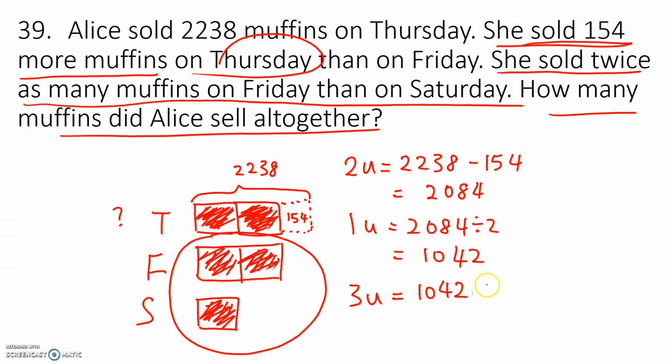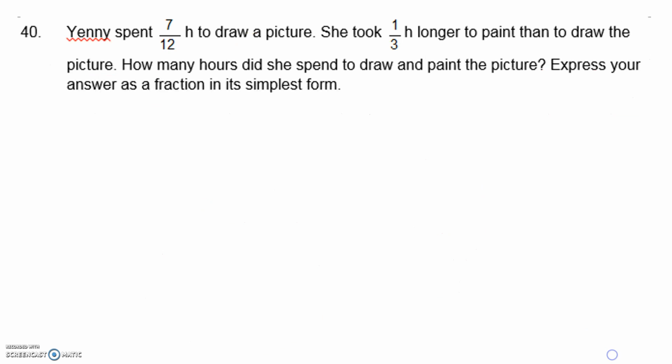So 1,042 times 3 is going to give us 3,126. Now 3,126 is for Friday and Saturday. We will need to add this to Thursday as well, which is going to give us a total, which is also the answer that we are looking for: 5,364.